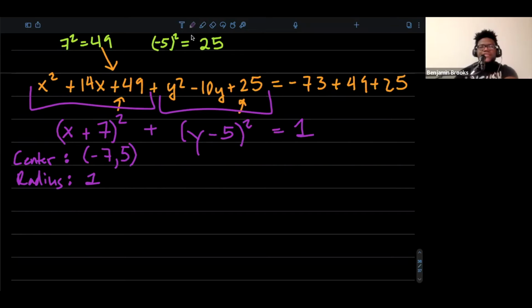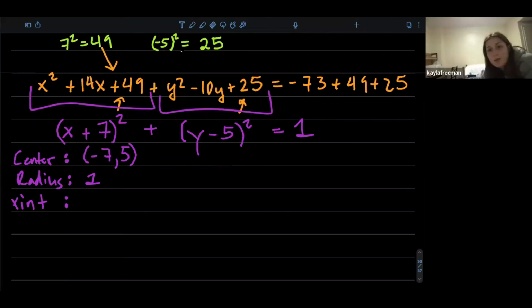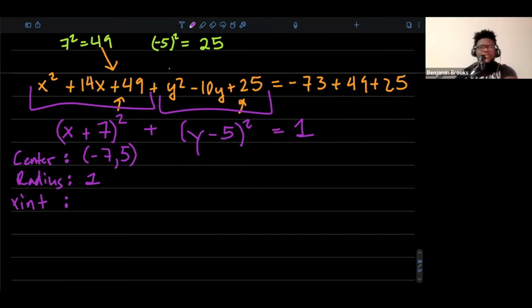So if I wanted to figure out, say, x-intercept, all I have to do is set y equal to 0. So to do that, we'd have, let's see. Wouldn't the radius be square root 1? Yes, you are correct. Okay. But then you got to think, what is the square root of 1?